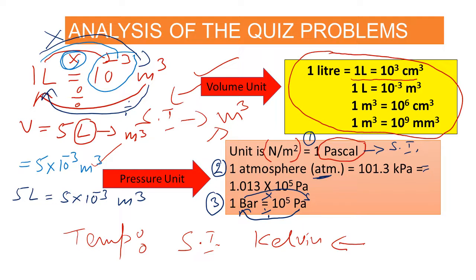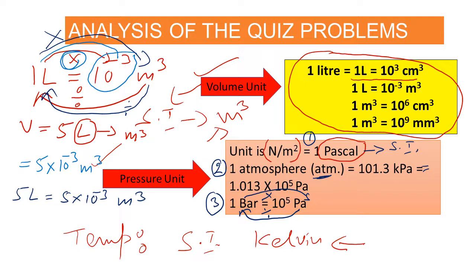So this is 5 times 10 to the power minus 3, and this will be converted to meter cube. So the meaning is this 5 liter is equal to 5 times 10 to the power minus 3 meter cube. In the same way you have to change all the units.